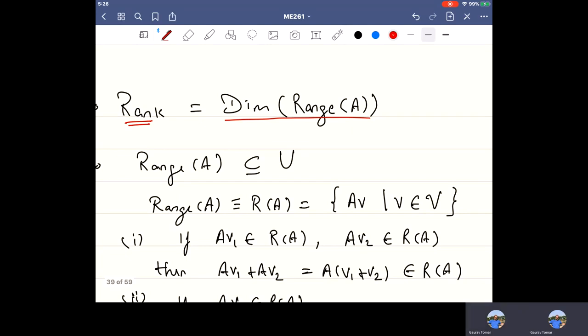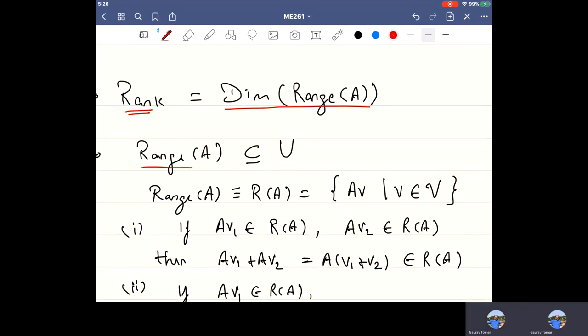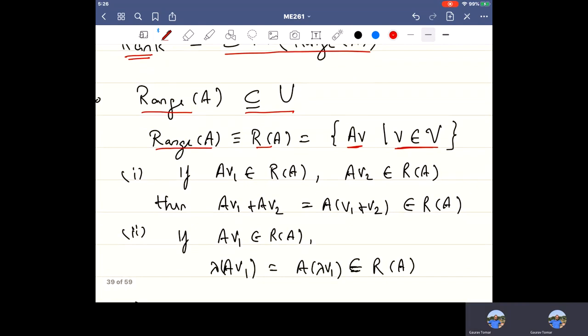To show that this range of A is actually a subspace of U, this is how formally you will write the range of A. The range of A is essentially the collection of all the vectors that come from mapping all the vectors v that belong to the vector space V. Now to show this, we'll again use the definition of the linear transformation.